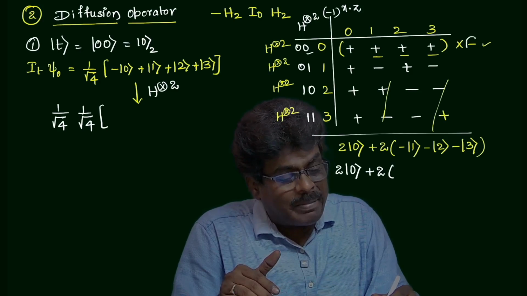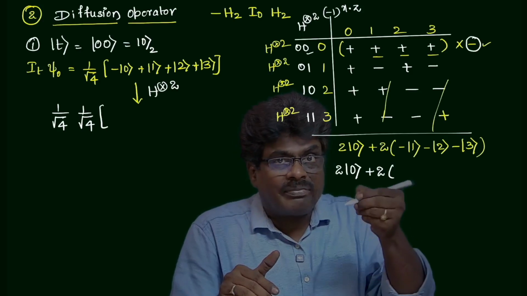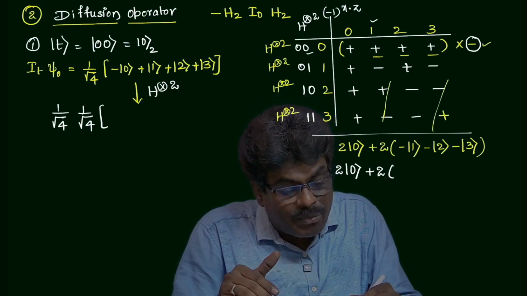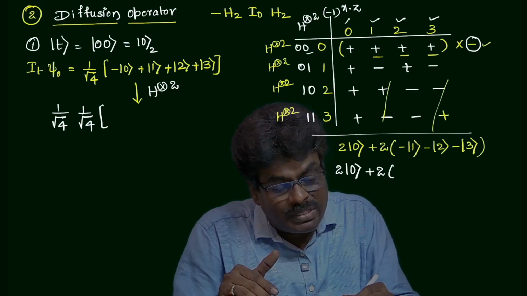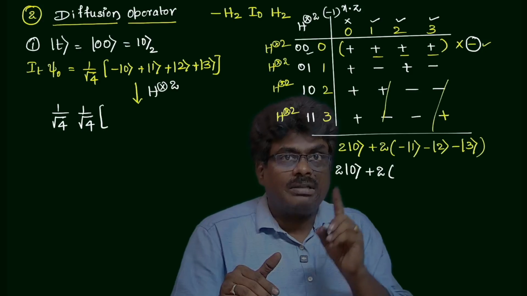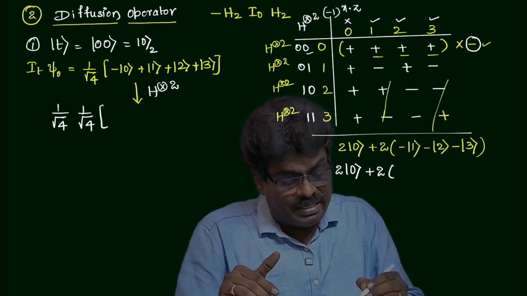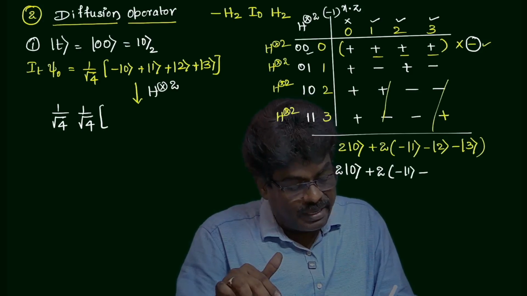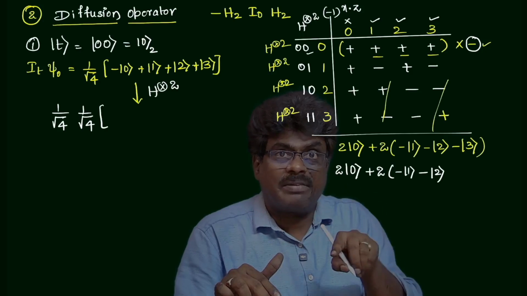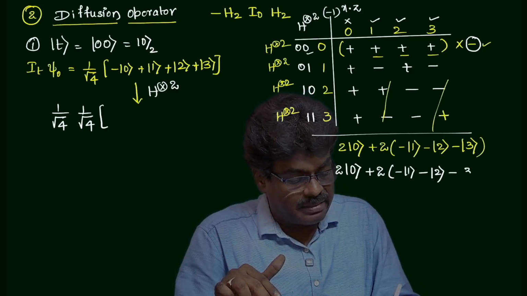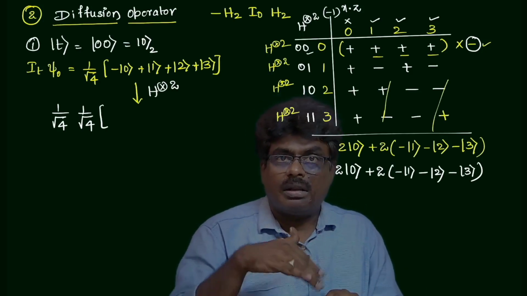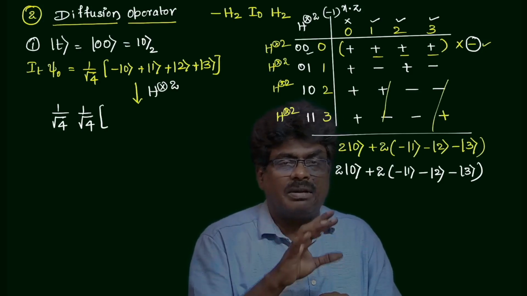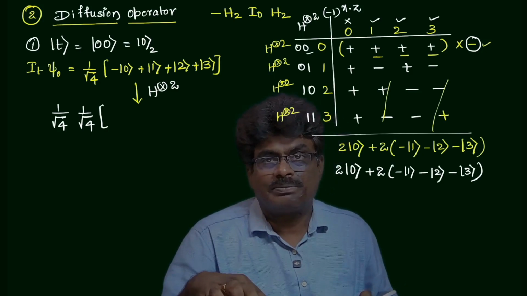After multiplying with minus one more time, what are the phases of 1, 2, 3? Don't see this 0. Only 1, 2, 3. The phase of 1 is minus, 2 again minus. After multiplying with extra minus, minus 3. Like this we will get for any number of qubits. Yes, I have verified. You'll get it, no doubt.